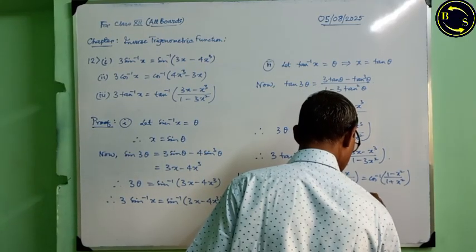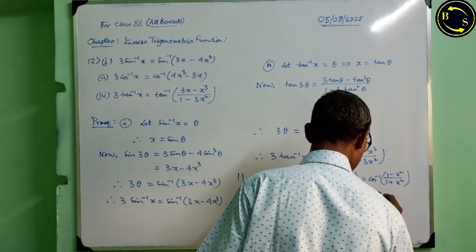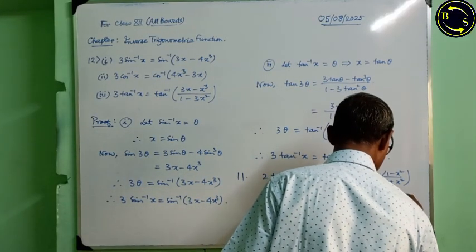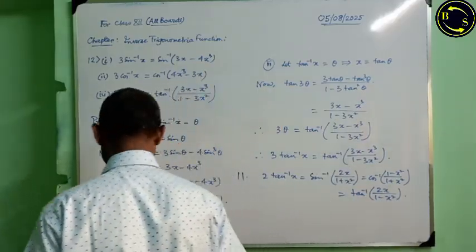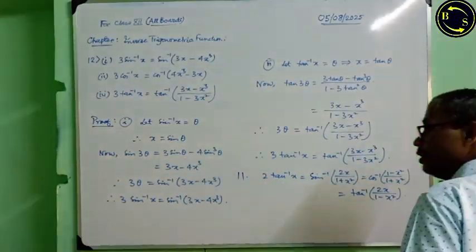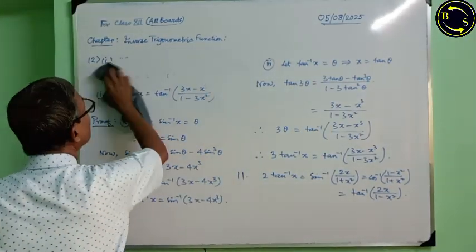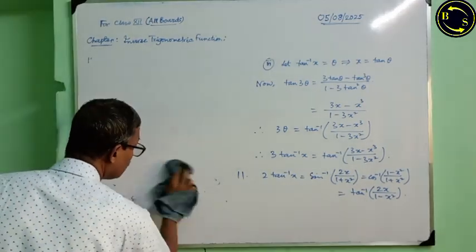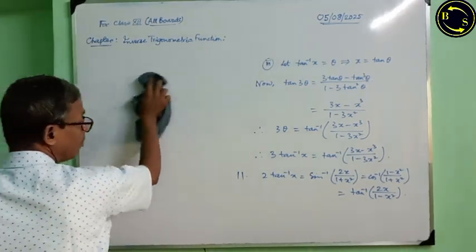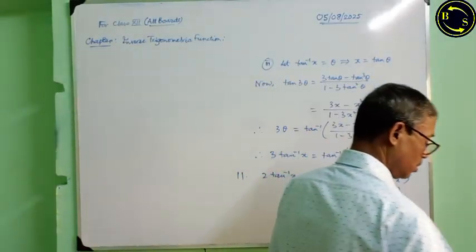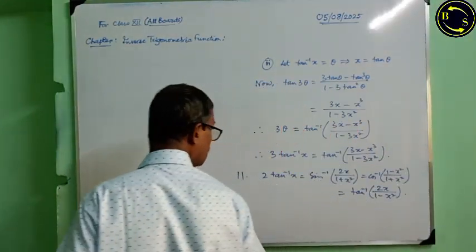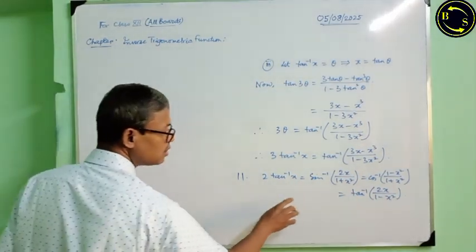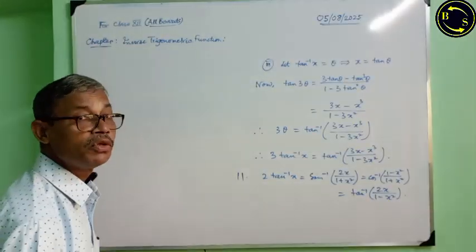If we express that in tan inverse form, it will be 2x by 1 minus x square. I prove first this one, next this one, then already I think I have deduced that, or you will deduce yourself.